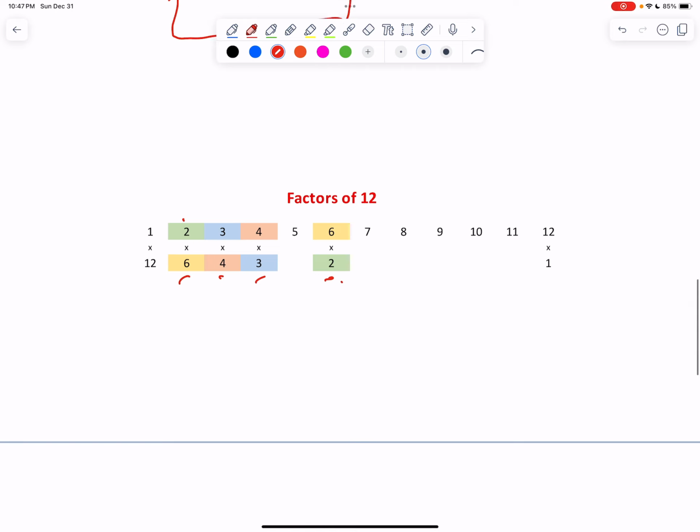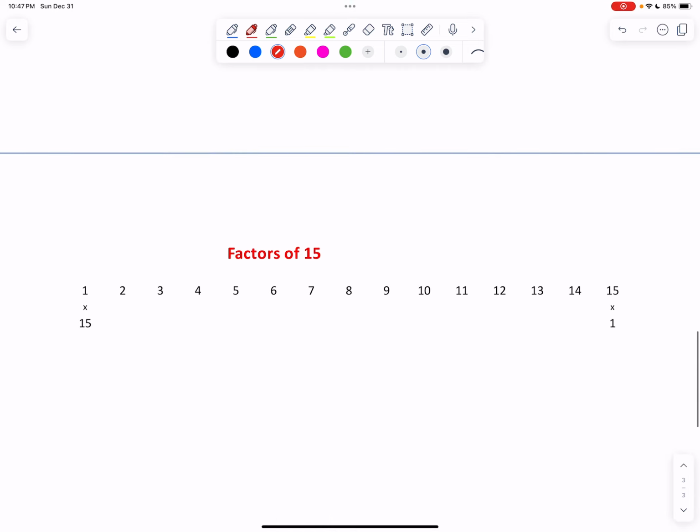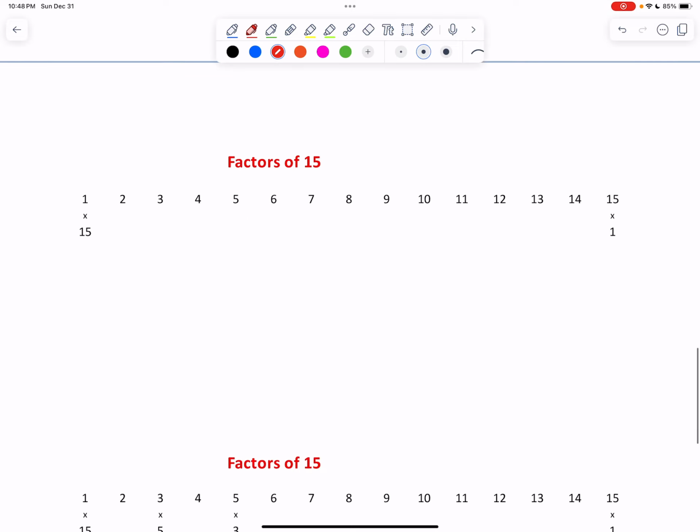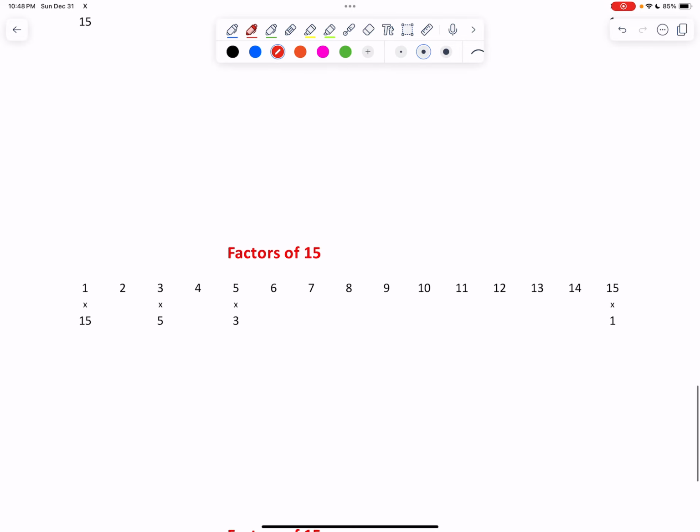That's how it works. Let's see factors of 15. 15 is going to be better because 15 is not divisible by 2, but it's divisible by 3. So let's see, 15 divided by 3 is 5. So right away, we can cross out all these numbers here.